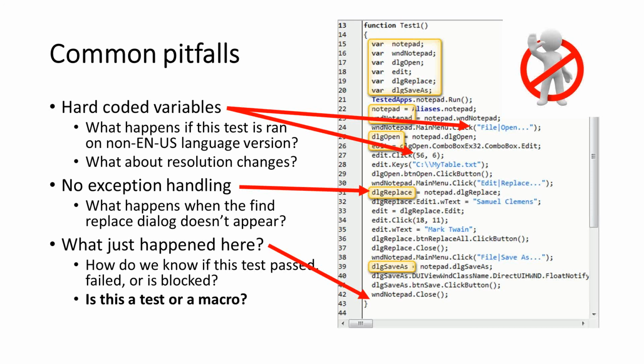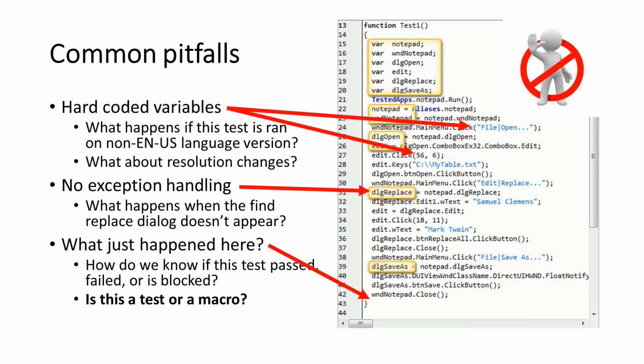But what about if we're going to test on German or Japanese or one of the BiDi languages like Hebrew and Arabic? Then of course this test would fail because they don't have a file open once it's translated. So hard coding variables is almost always a bad idea.